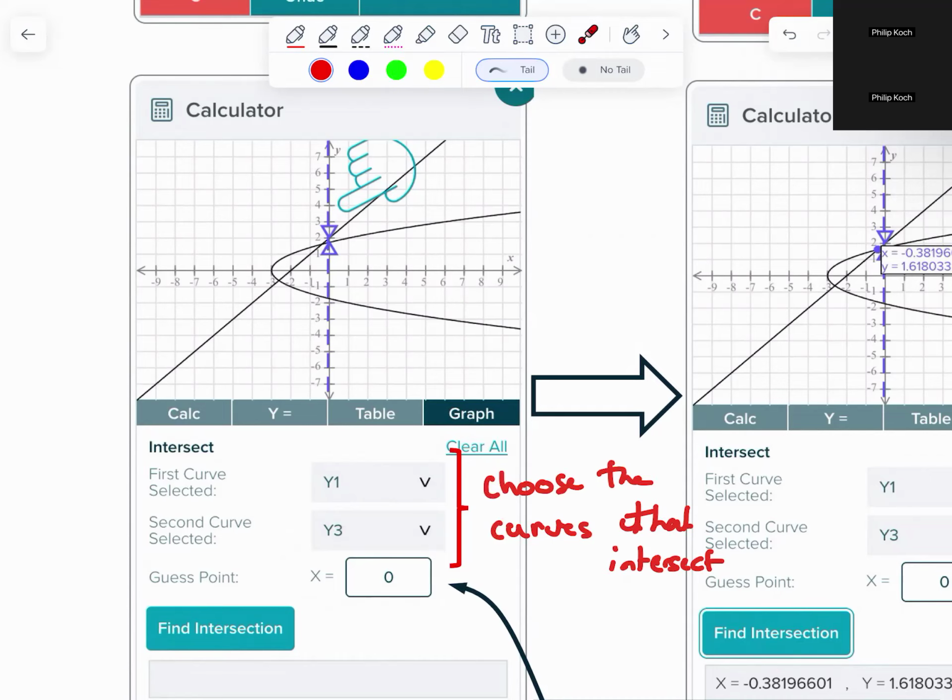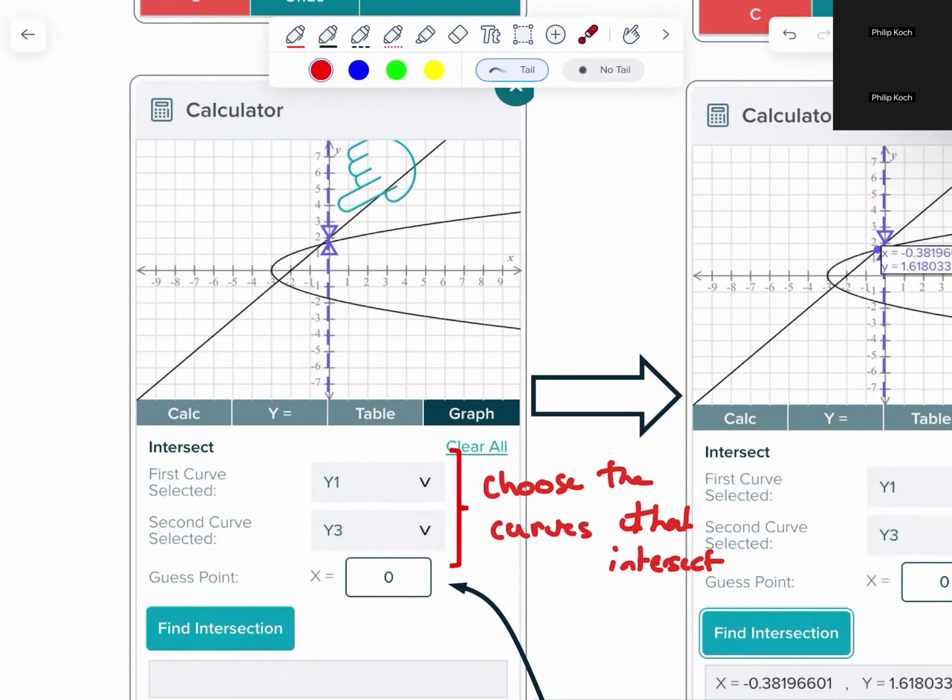In the same fashion, the graphing calculator needs a starting point so it can run its algorithm to figure out where they intersect. It uses that guess point to start an approximation, and then it will systematically go through a process to get the exact value, or at least up to 99 decimals correct, or whatever it may be.